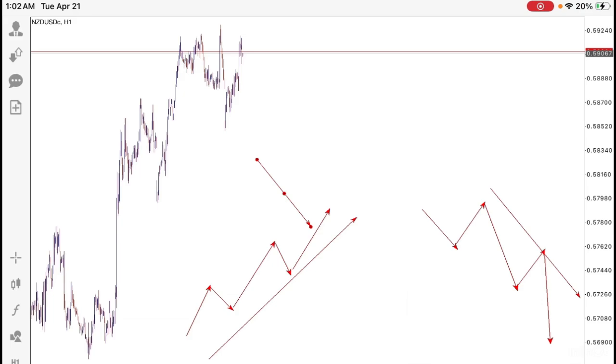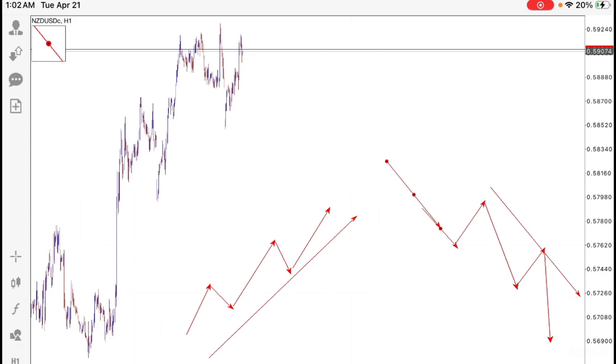Now, to identify the bearish trend, it creates a low, then creates a high, then you call it a lower high. Then it creates another low, the first low and the second low, that's a lower low. Then it creates a new high, and you call it a lower high.